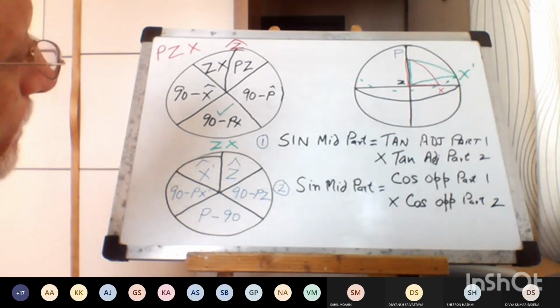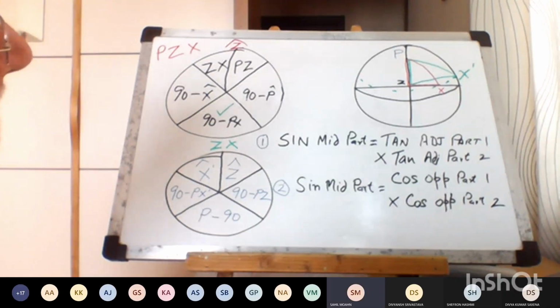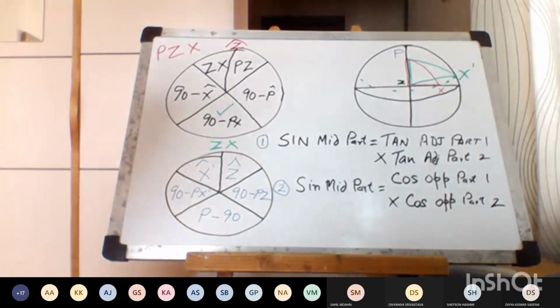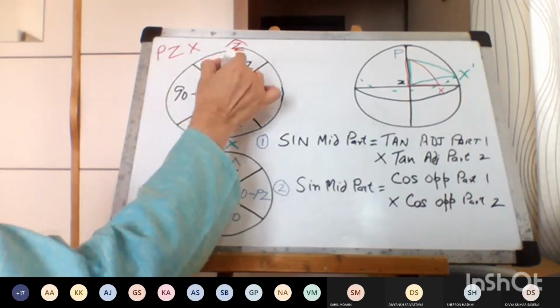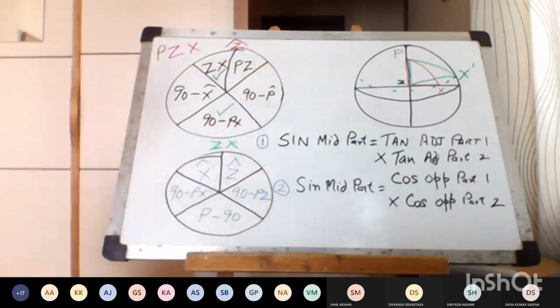Yes or no? Yes. If you know the declination, then you know 90 minus PX. Z is already 90. If you know the altitude, let us say you have taken a sextant altitude, then you know the zenith distance also. Yes or no?